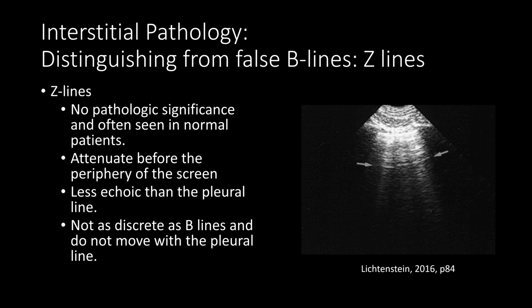As you can see in this slide, the most common false B line is something called a Z line, and this is shown in an image by Lichtenstein. And these don't have any pathologic significance. The key distinguishing feature between Z lines and B lines is that Z lines attenuate before the periphery of the screen. They are less echoic than the pleural line, as you can see here, and they're not as discrete.